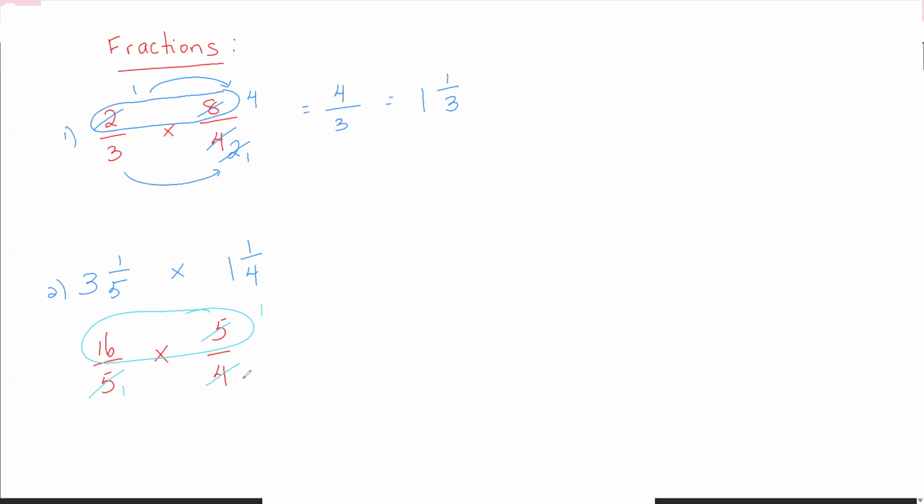So 4 could go into 4 once, and 4 could go into 16 4 times. So 4 ones, that's 4. Over 1 1 is 1. So 4 over 1, anything over 1 is itself. So it will be 4.